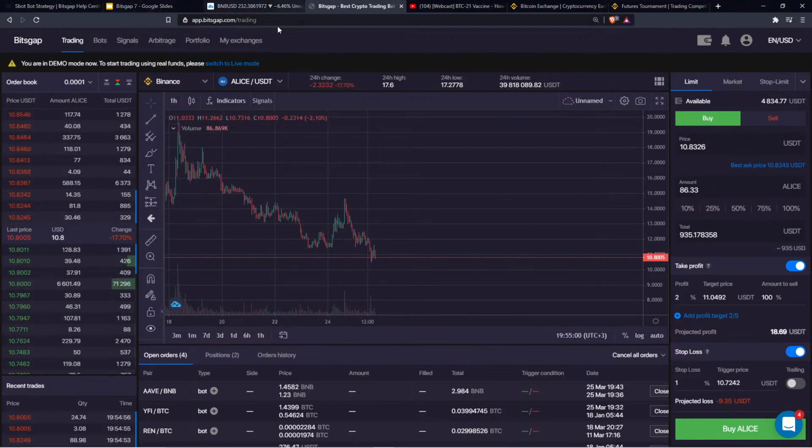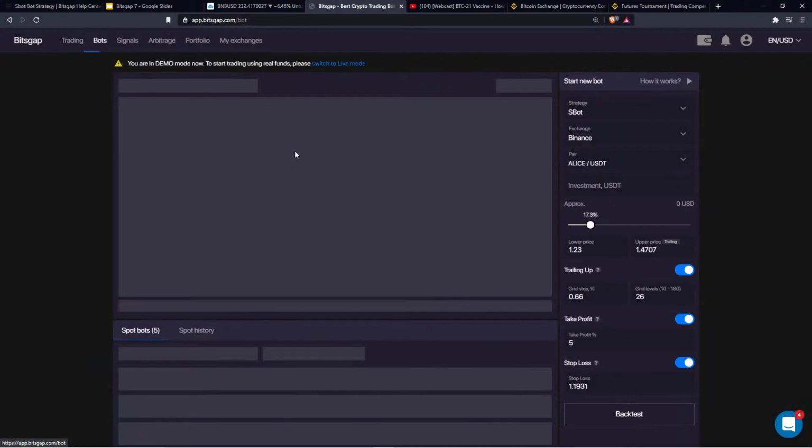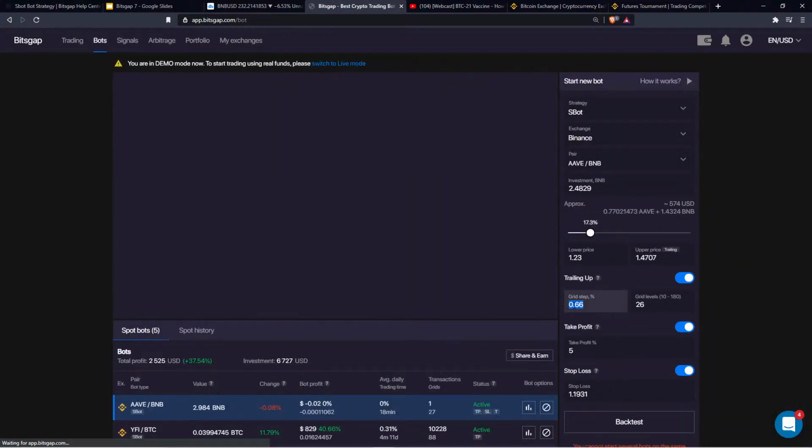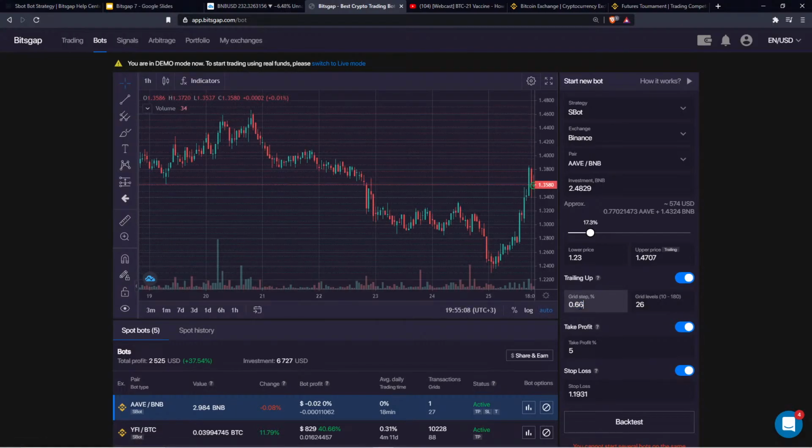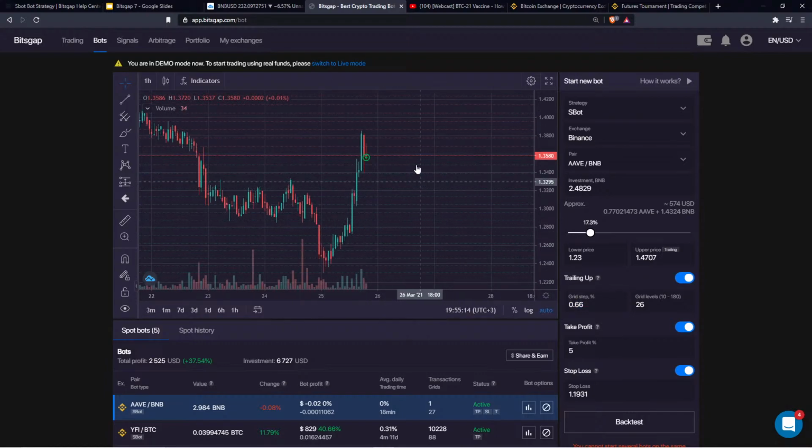Because in automation, bots are limited to the margin that they can take out of the market. So you see this grid step, this is something known as the marginal profit. That's basically the gap between your buy price and sell price. And that's why each trade brings you 0.66%. And that's limited to this number.